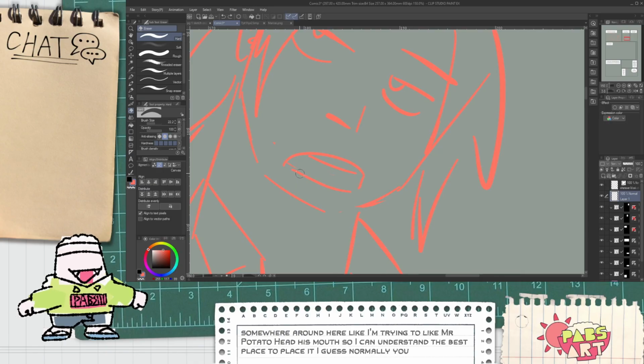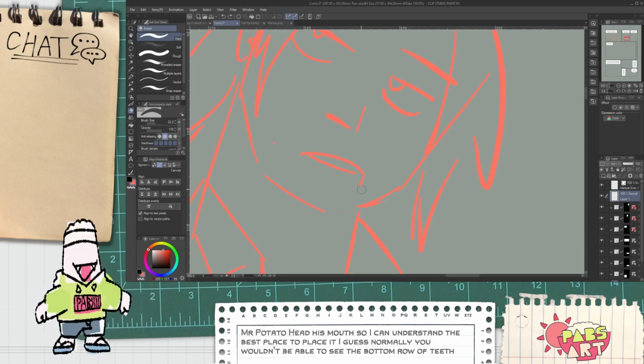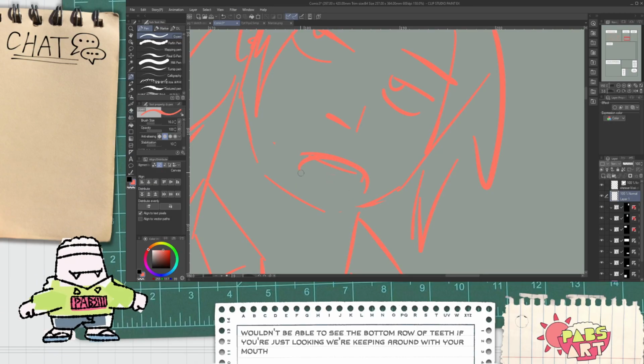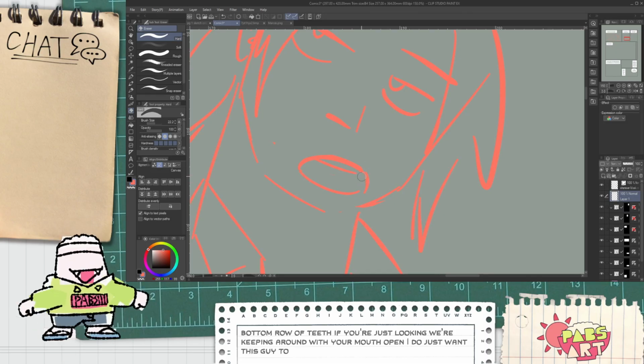I guess normally you wouldn't be able to see the bottom row of teeth if you're just keeping around with your mouth open, huh? I do just want this guy to look like he's mouth breathing, though.